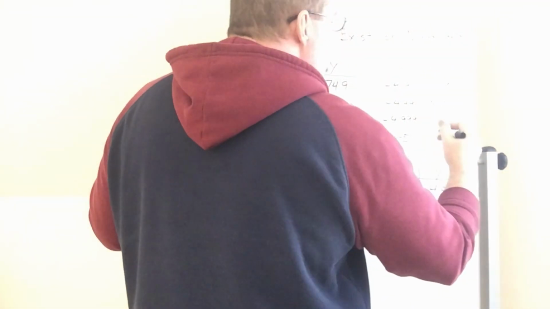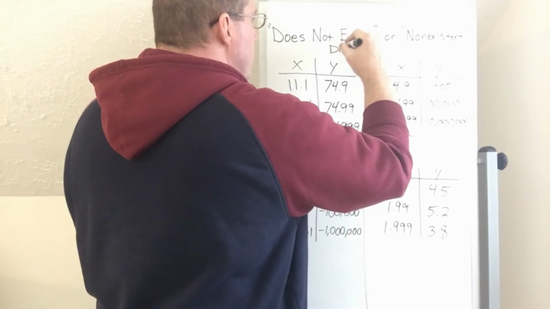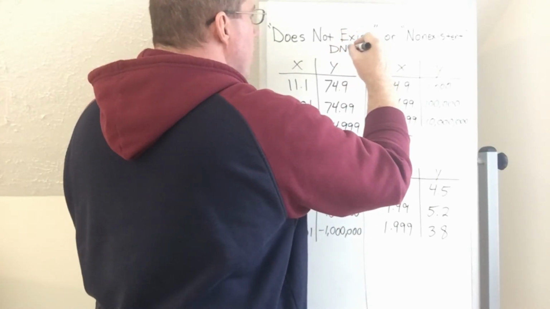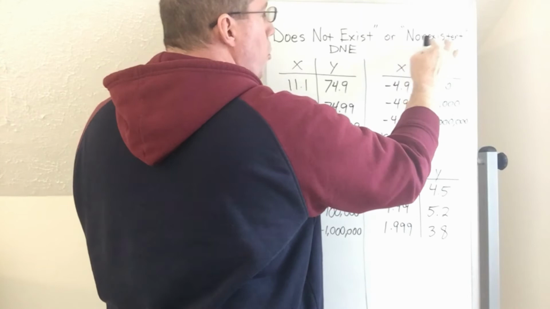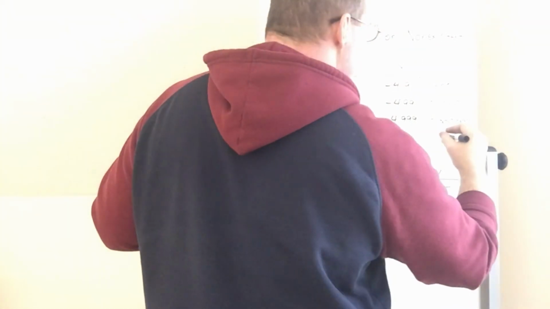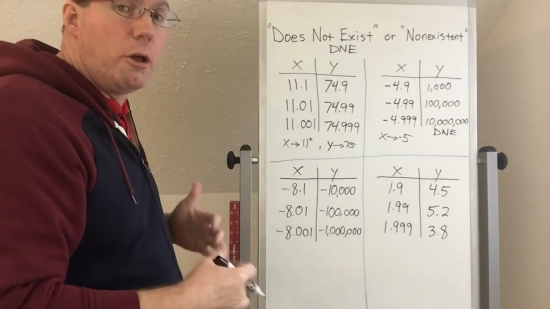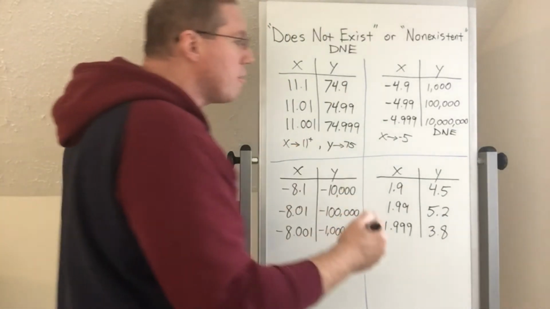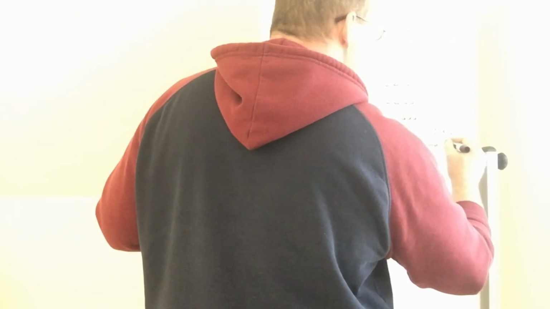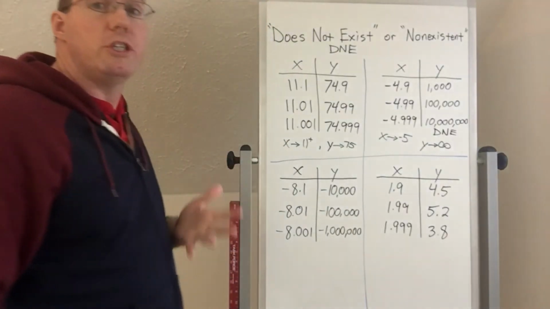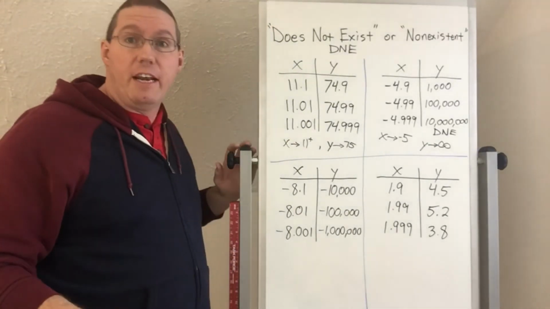So in this case, we would say that the limit does not exist. We usually put DNE for does not exist, okay? Or we can put the word non-existent. In this case, this limit does not exist. There is no limit. It's not getting closer and closer to a number. But in some cases, we could say that y is approaching infinity, and so we would just say getting closer to infinity.